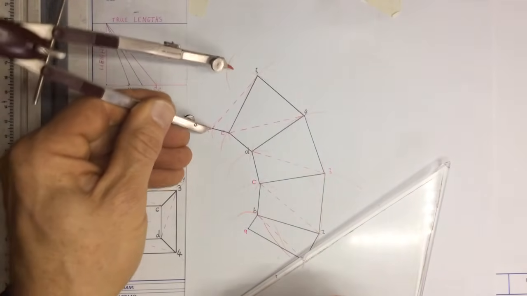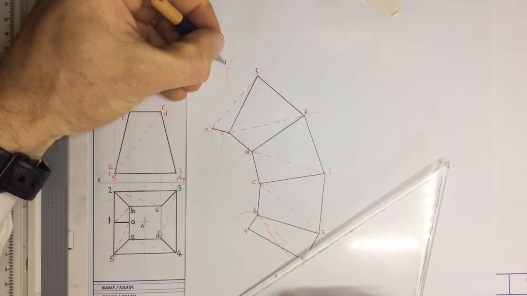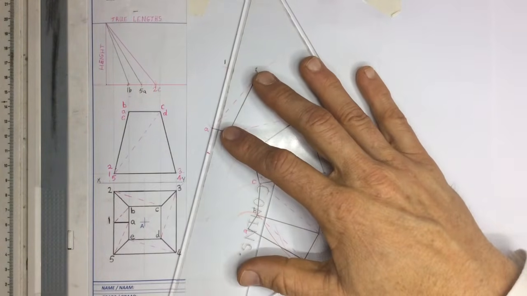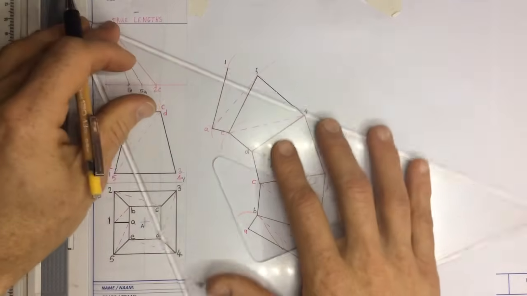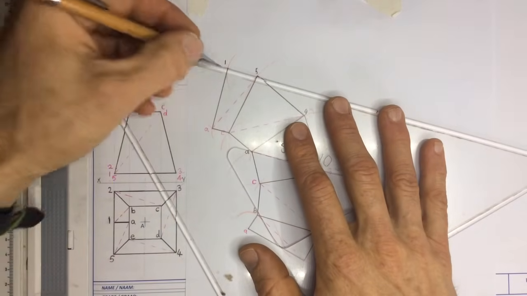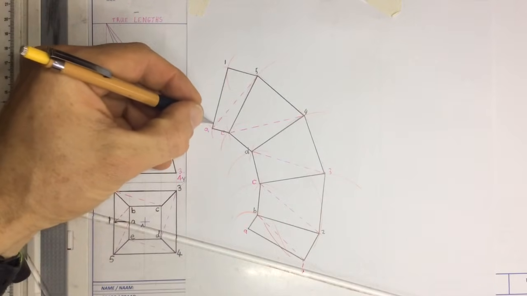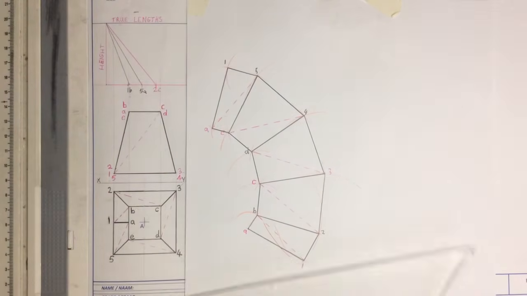I've got A, arc off to find 1 over there. Right, once I've got that, I can now finish this off by drawing a line going between A and 1 and 5 and 1. If you've drawn accurately, you should have a 90 degree angle there and a 90 degree angle there as well. There you go.